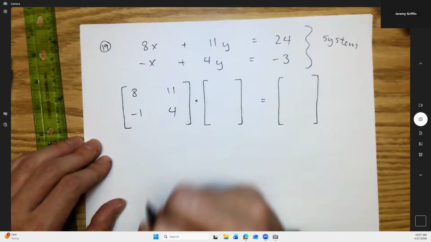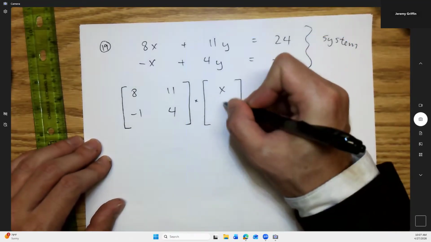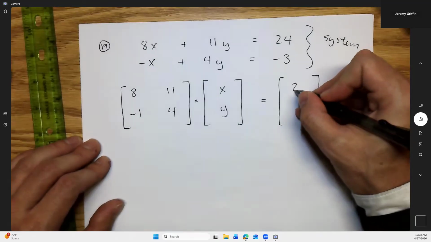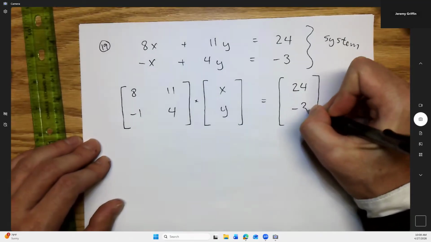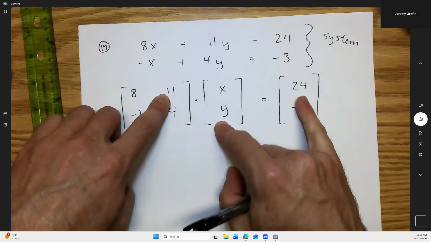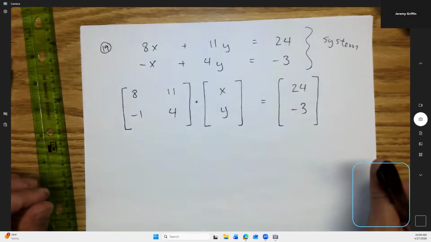Exactly. And how about here? X and Y. And how about here? 24 and -3. So we got 8x plus 11y is 24. And -x plus 4y is -3. Good, all there.